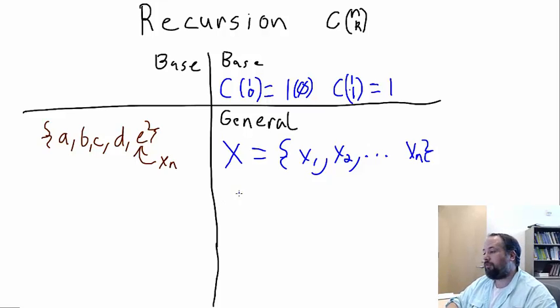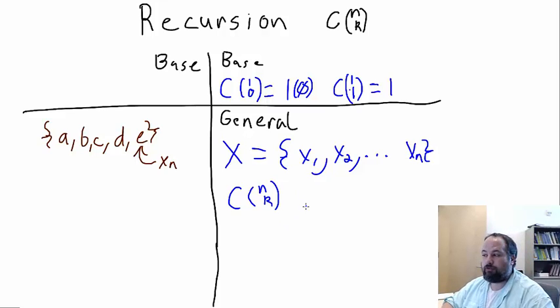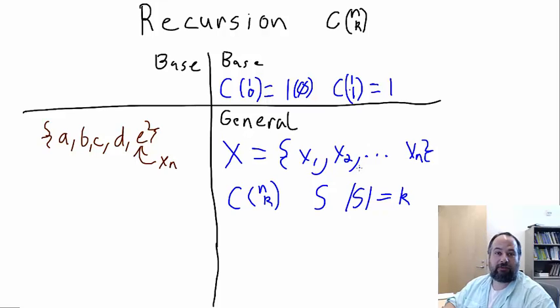Now again, what we want to find is how do we calculate C of n choose k? So we're counting how many subsets have k elements. Just for the sake of example, let's make a subset S, and S has k elements. If you remember those lines, that means cardinality, the number of elements.